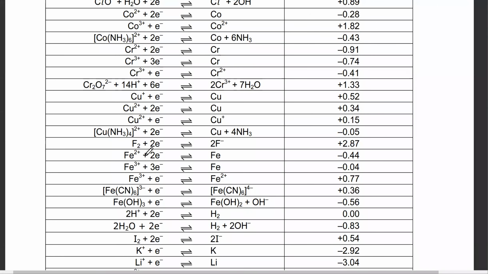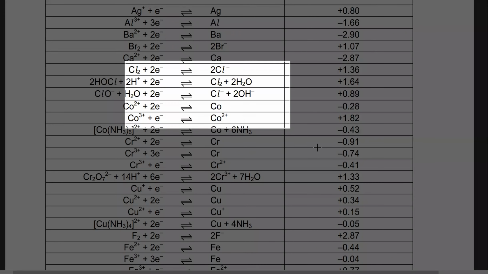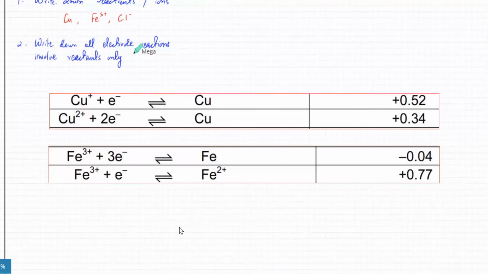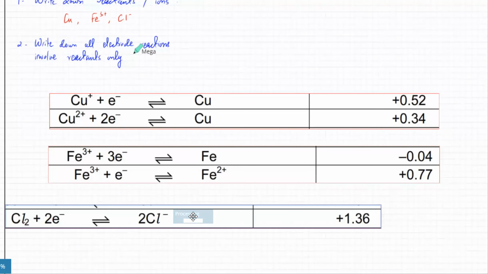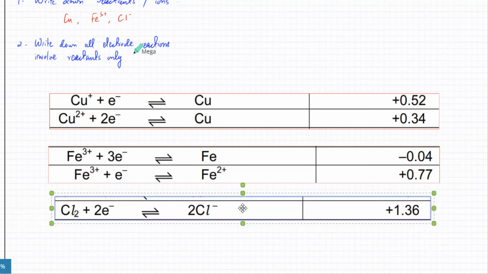I've got two Fe3+ reactions, Fe3+ with Fe and Fe3+ with Fe2+, and then Cl-. Cl- has this reaction. It also has this reaction, but this one is with OH-, and I don't have OH-. In this case, Cl- is reacting with OH- to form something else, so I'm not going to pick that one. I'm just going to pick the Cl- one, which is 1.36 volts. Is this clear?